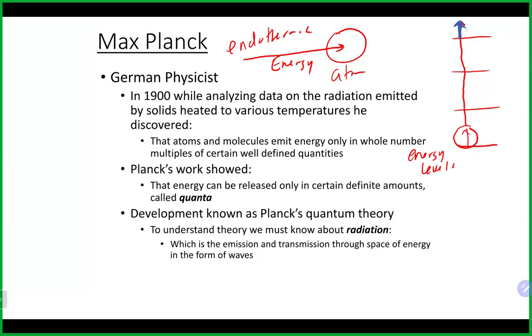We'll say this electron eventually worked its way back down to here, to a lower state of energy. The only way that the electrons can drop back down to a lower state of energy is if the atom itself, as it's dropping those electrons down, will actually give off energy.